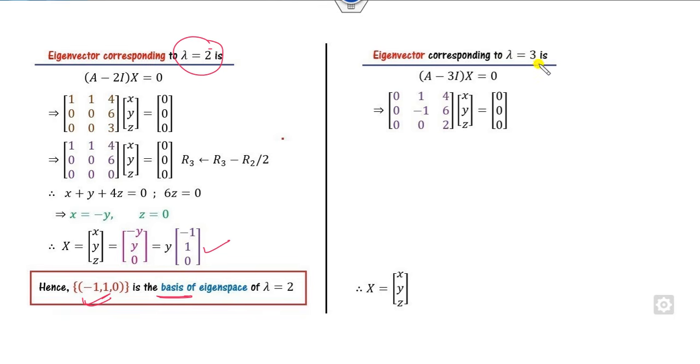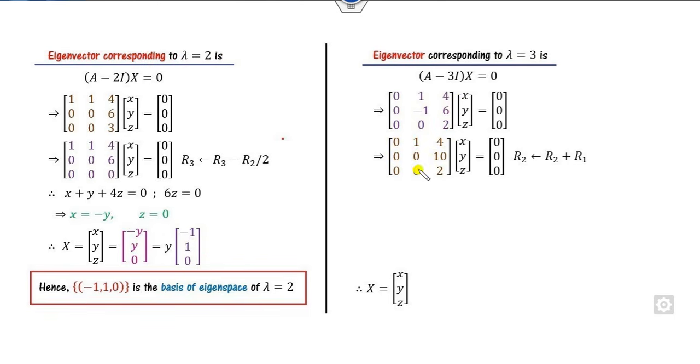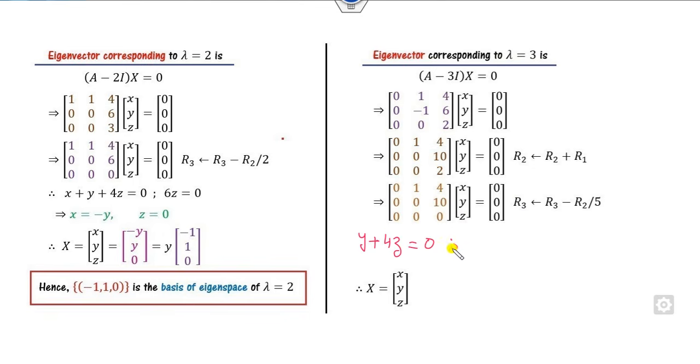Similarly, corresponding to lambda equal to 3, we can substitute here. So what you can do, I can make this a 0. We can write as this. You can simply add them. Now I can divide this by 5 and subtract, you will get here. So I can write y plus 4z is equal to 0 and 10z is equal to 0.